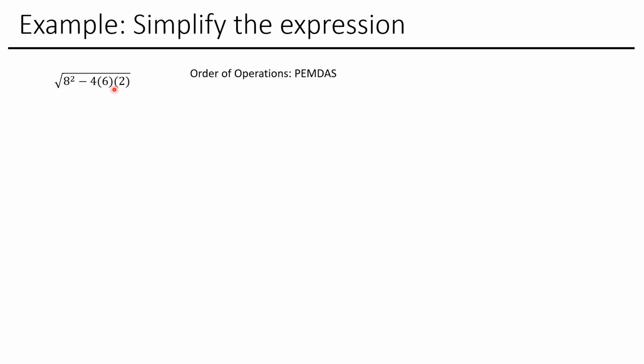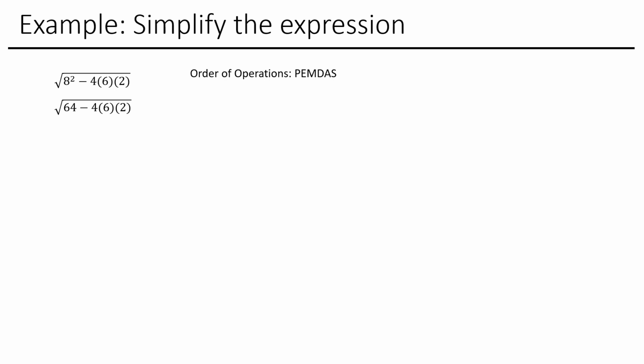So these parentheses are just being used to separate these numbers, but there's no math being done inside of those parentheses. So I can ignore those for right now. But we do have this exponent, so that's going to be our first step. So 8 squared is going to be 64. Okay, now I go to multiplication and division, and this is where you go in order from left to right.